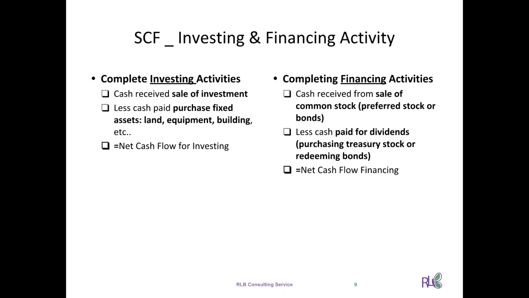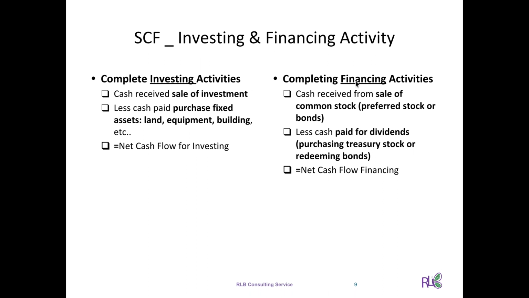Now, investing and financing section. For the investing section, you're going to have cash received again from the sale of your investment or the sale of your fixed asset. Typically, we don't sell our fixed assets, but if you do, you'll have cash received from it. Cash will be paid out for buying fixed assets more than likely than selling them, and that includes plant, property, or equipment. And then you get a subtotal.